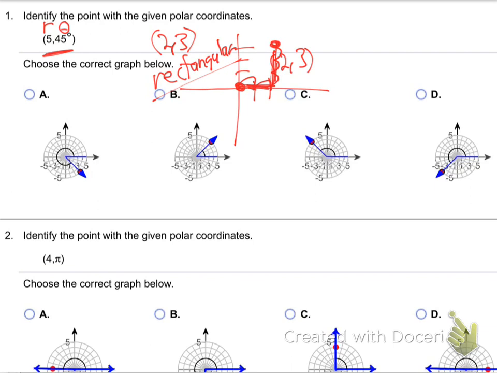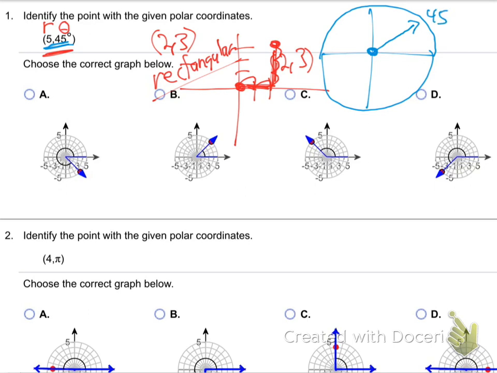Okay, well now, in the polar world, in the polar system, when they give me something like 5, 45 degrees, you start at the origin again. And first off, I think of it like a cannon. You turn your cannon to aim at 45 degrees. Now, what do I mean 45? Let's do it like a circle here. 45 degrees is that way.